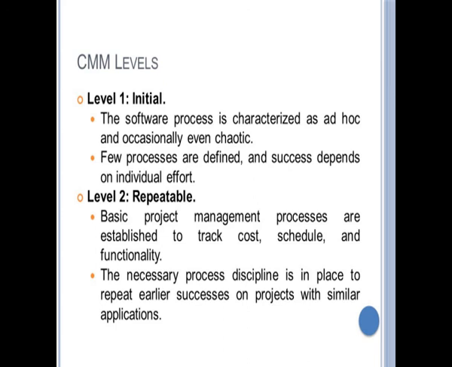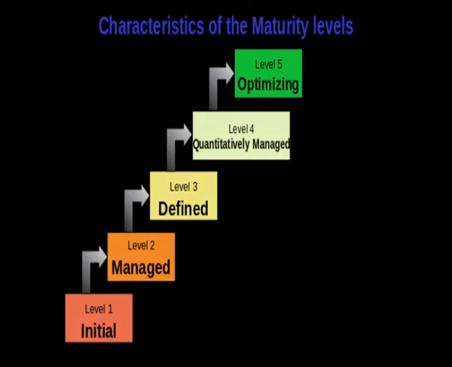The next higher maturity level is CMM level 3. We call it the defined level. CMM level 3 has a standard process for developing and maintaining software across the organization.